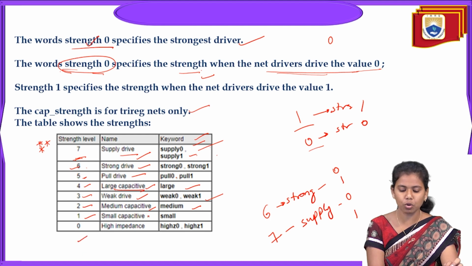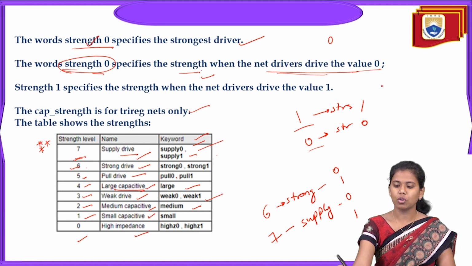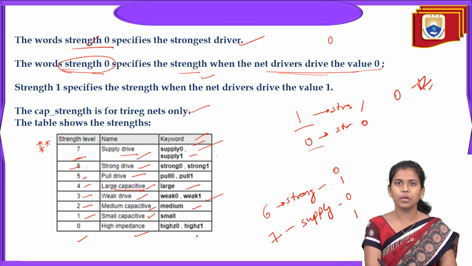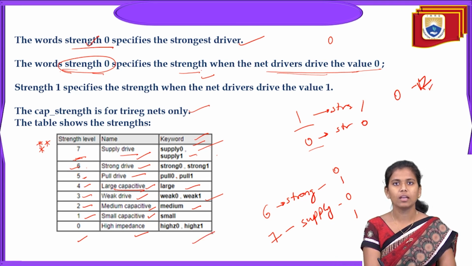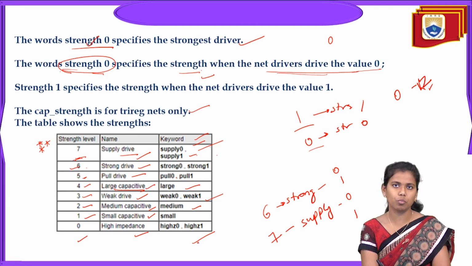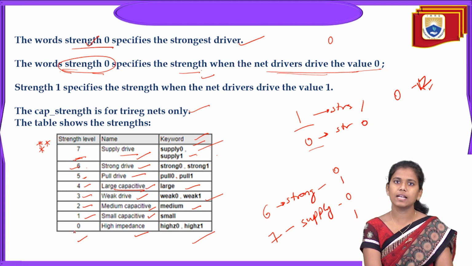So for 1 and 0, we use small capacitive for 1, and high impedance for 0. So 0 is a high impedance value. And the keywords that we use are high Z0 and high Z1. And for small capacitive, as the strength level is 1, the keyword that we use is small.